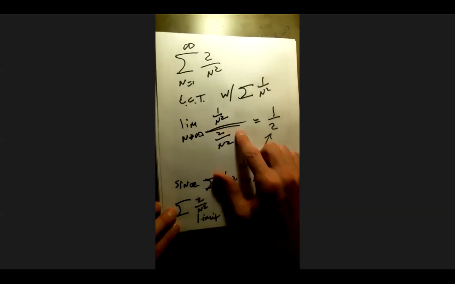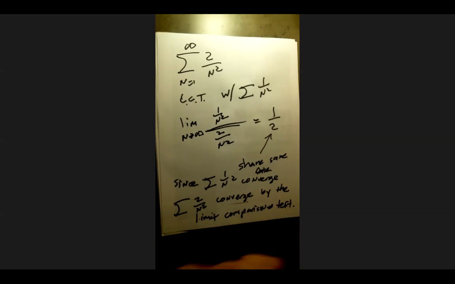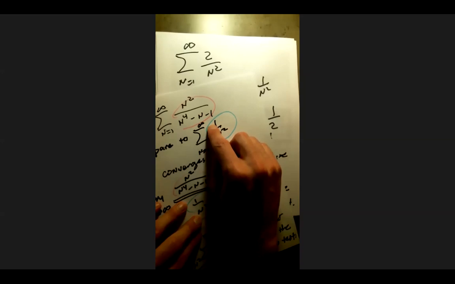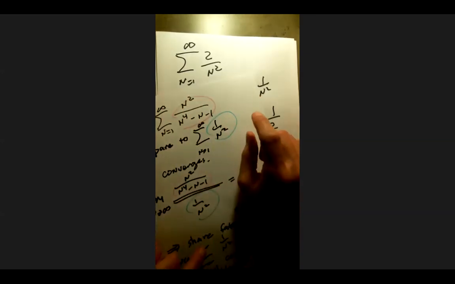And since they're a similar distance apart, the fact that one converges must mean the other one converges, or vice versa. And that's why the little -1s and +1s and things like that don't really matter in this case, because I don't care if things are above or below. I just want to know, are things about the same distance apart, which is what the limit comparison test gives me.